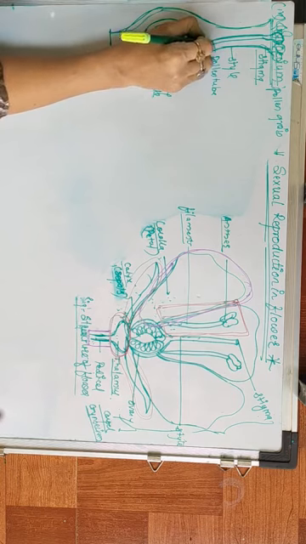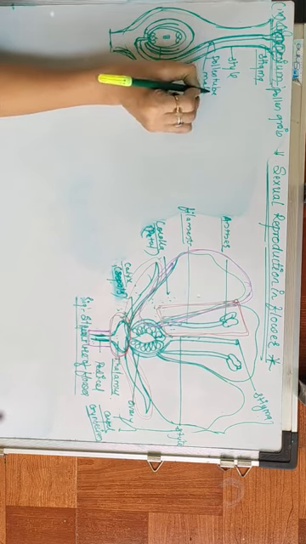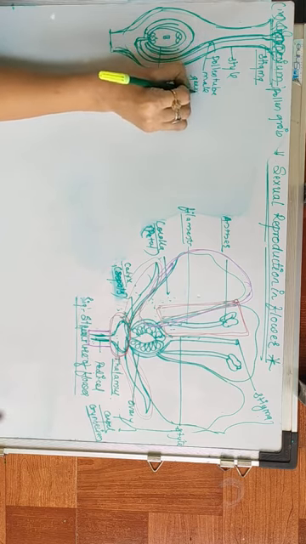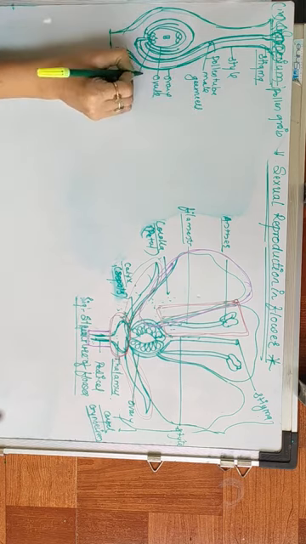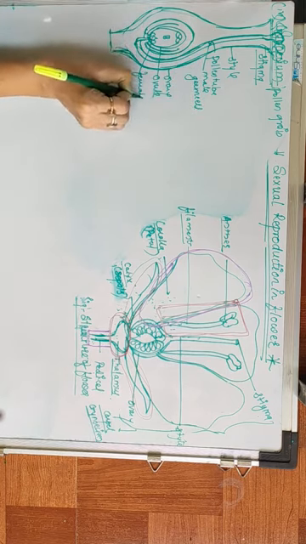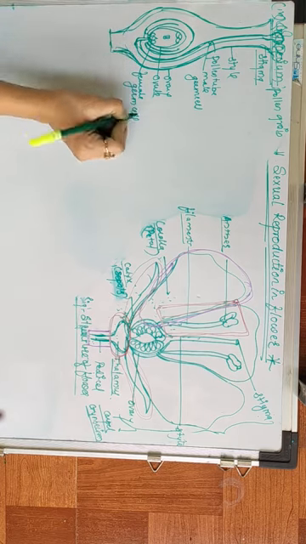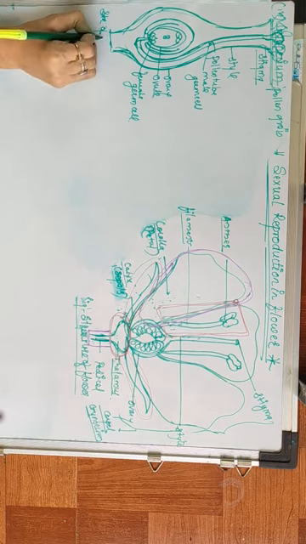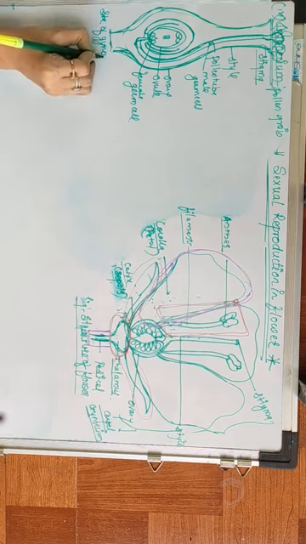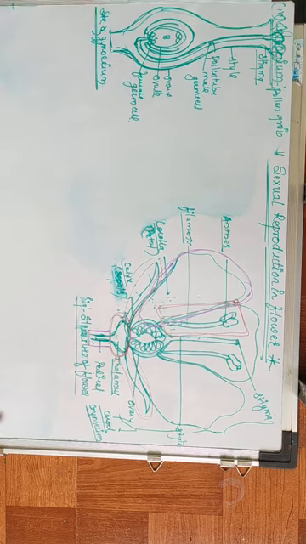And one gamete is present, that is called the male germ cell. You can see here, that is called the female germ cell. So this is all about the structure of gynoecium, or we can say the structure of the carpel.